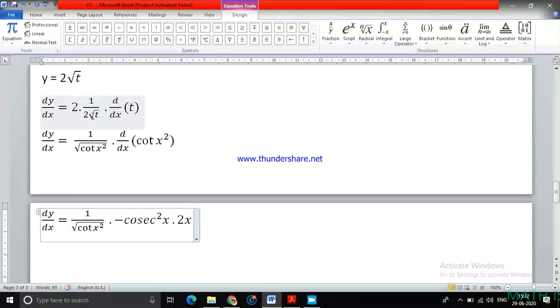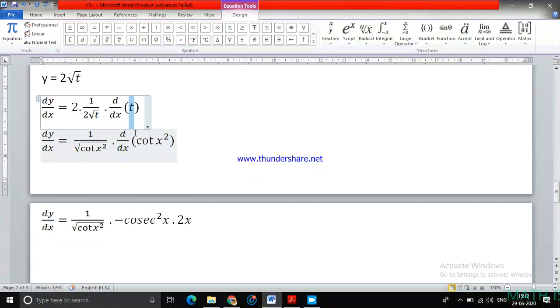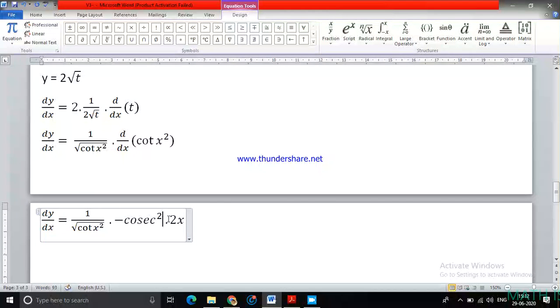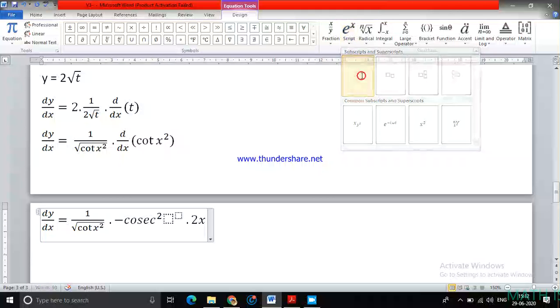After root t is derived, then I have to derive the t term. So t is nothing but cot x square. So here first I have to take the derivative of cot, which is minus cosec x square. I think here x square will come, not x.